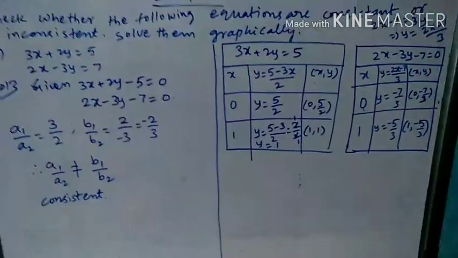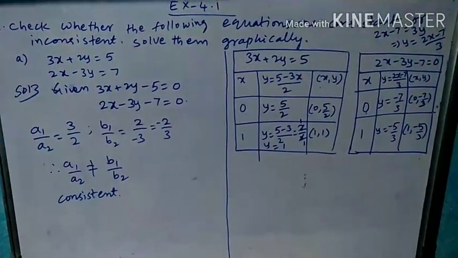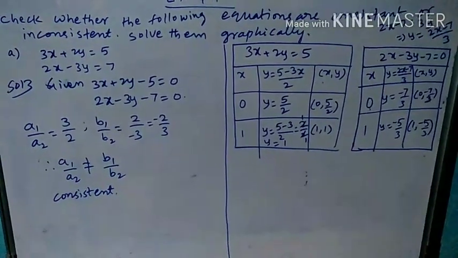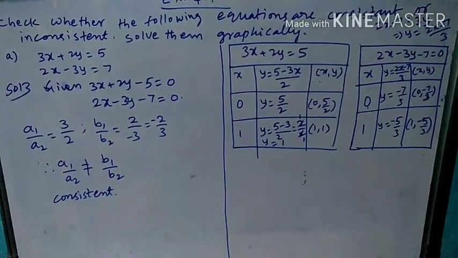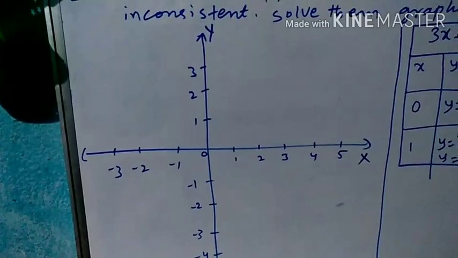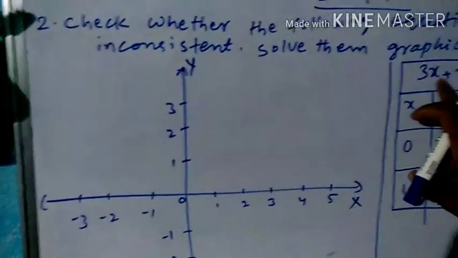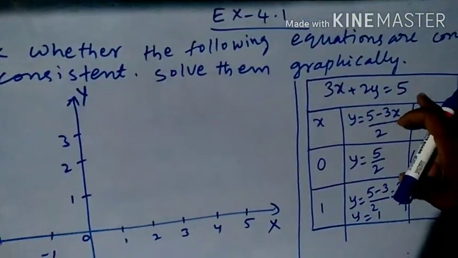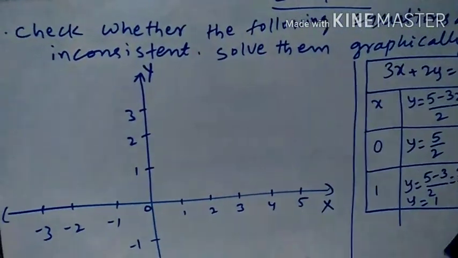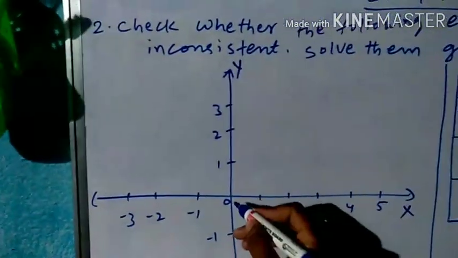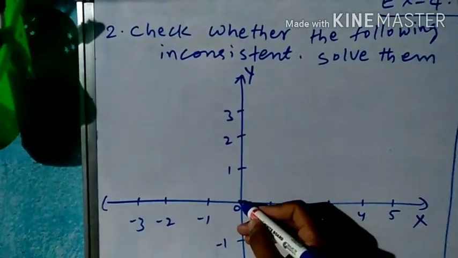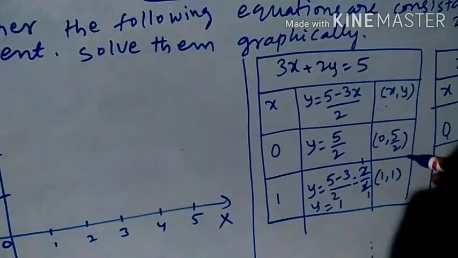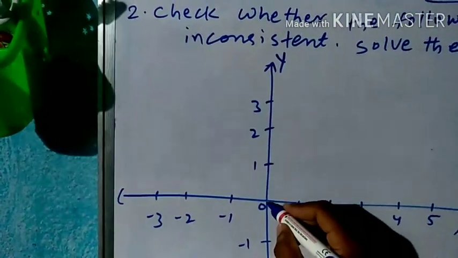So students, now I am drawing the graph. For the equation 3x plus 2y is equal to 5, the points are 0 comma 5 by 2. It is 0 on the x-axis and 5 by 2, which means 2.5.